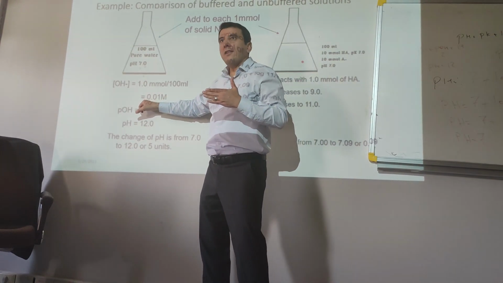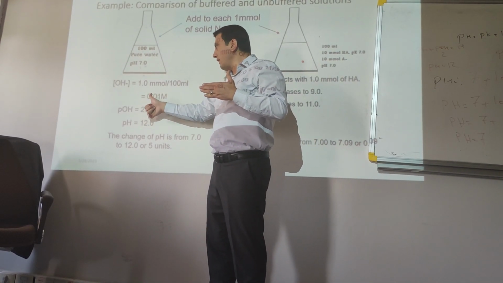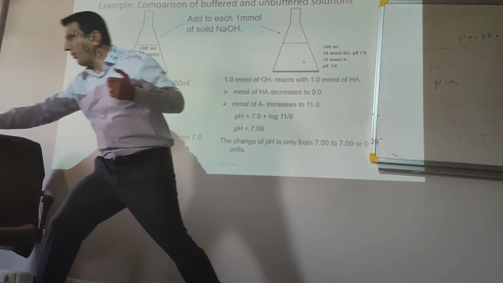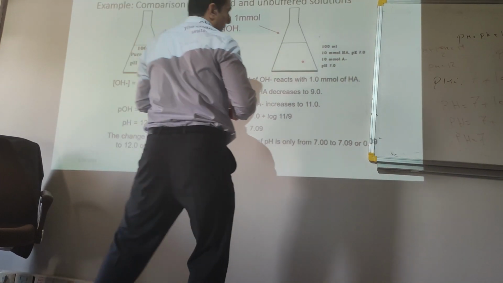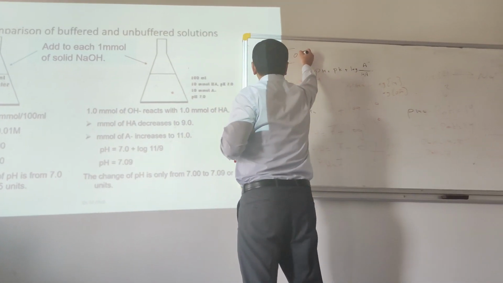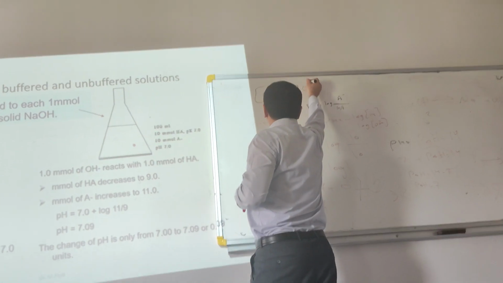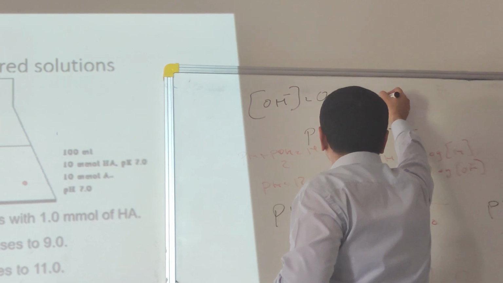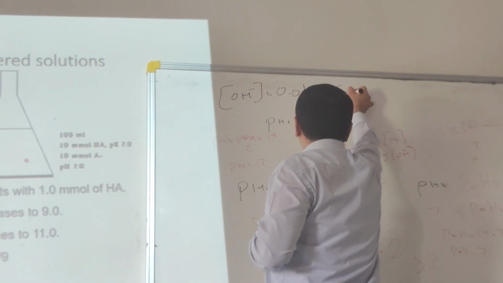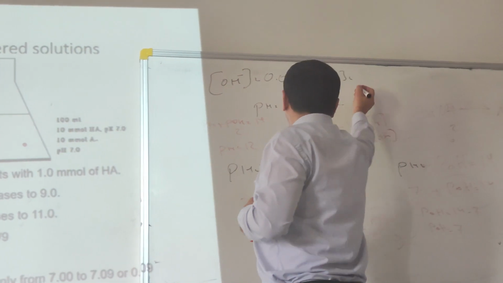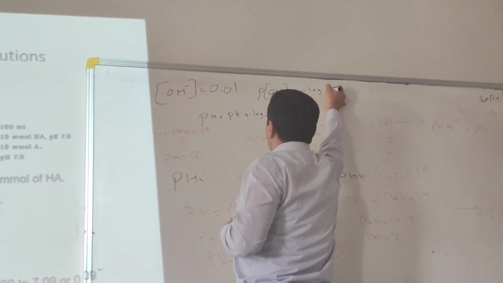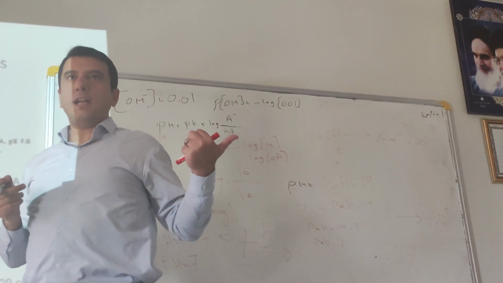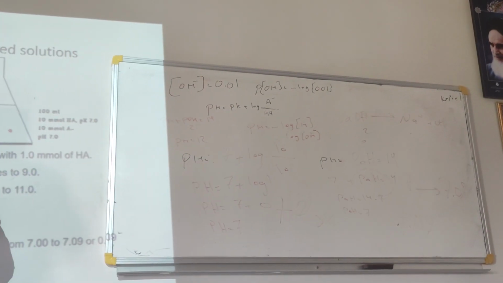So we have a concentration of 0.01 mole per liter of OH. This is our concentration. So we know that pOH is minus logarithm of the concentration of OH. You can easily calculate this, and this is equal to 2.